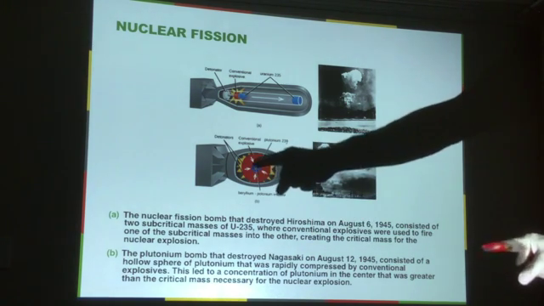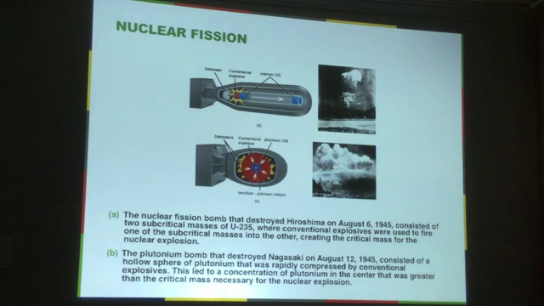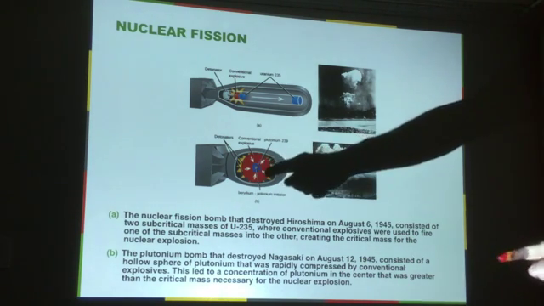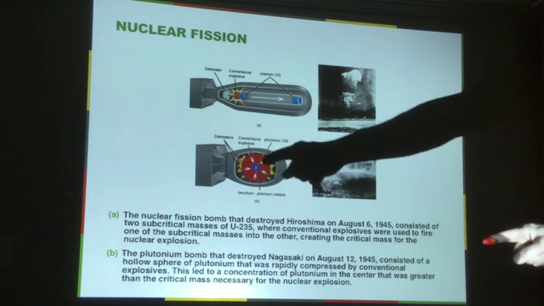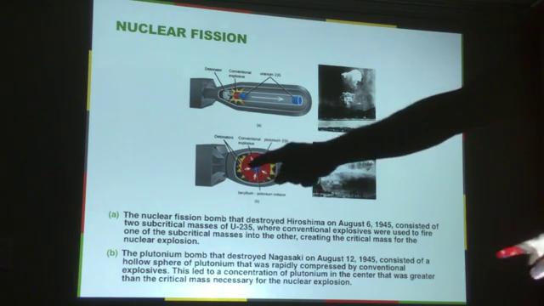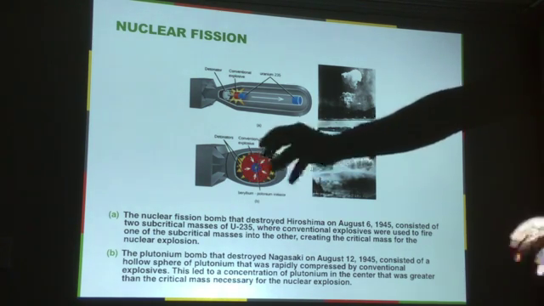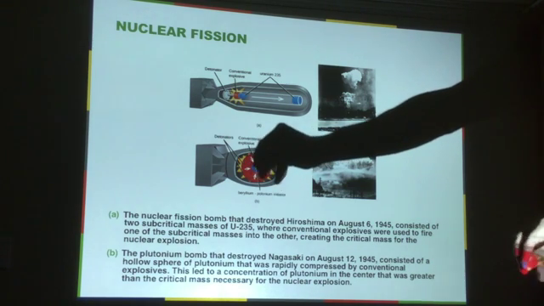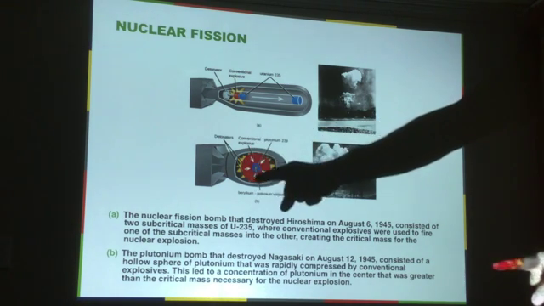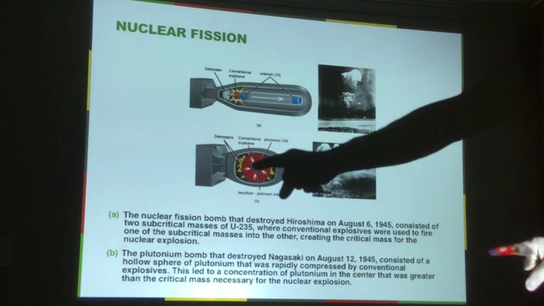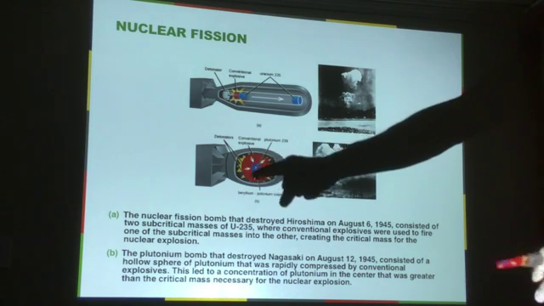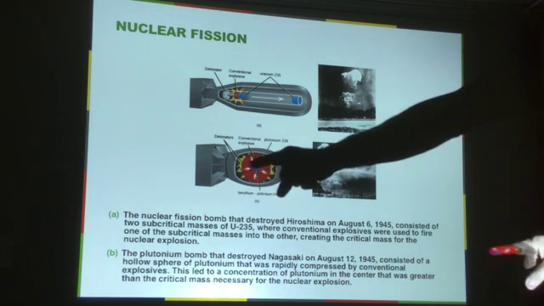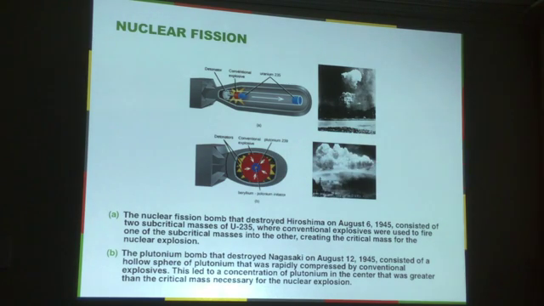And by being hollow and in a spherical shape, you would have a subcritical amount in contact. This was then surrounded geometrically by explosives. The explosives would cause this sphere to collapse on itself and create the concentration of plutonium in the center necessary to reach critical mass and lead to the nuclear explosion.